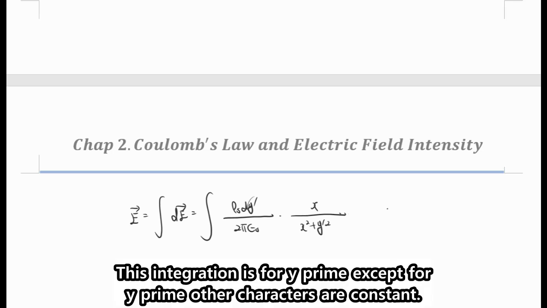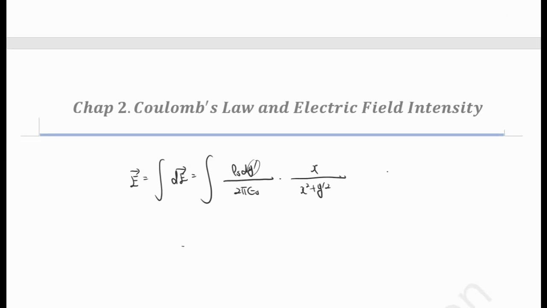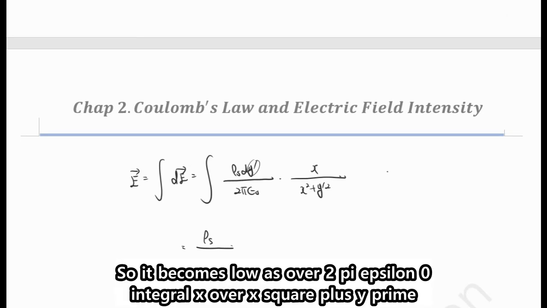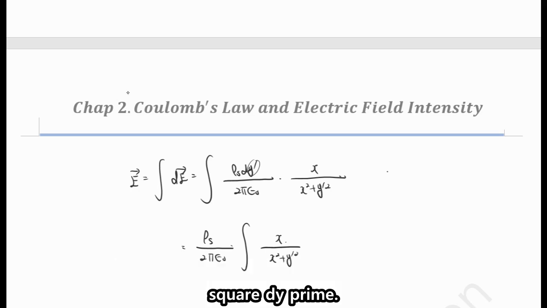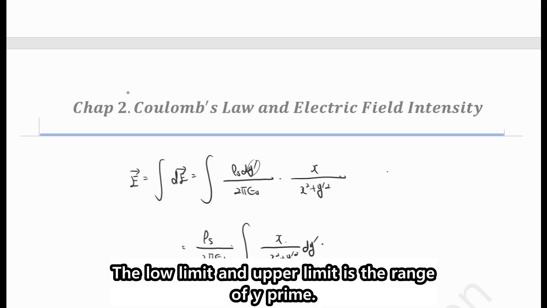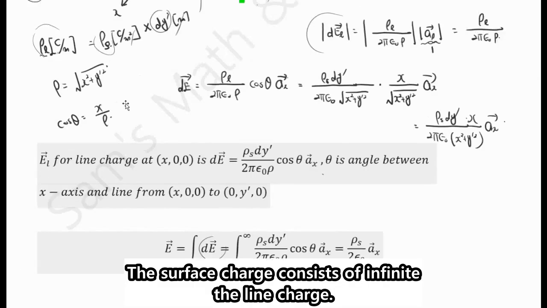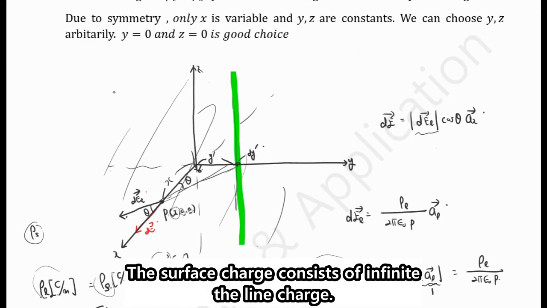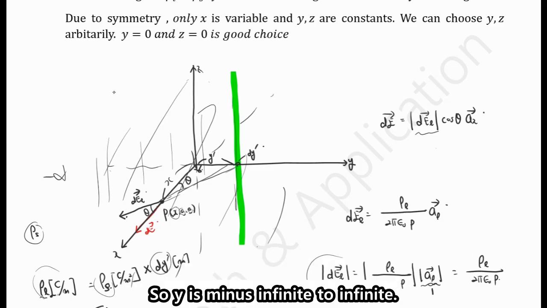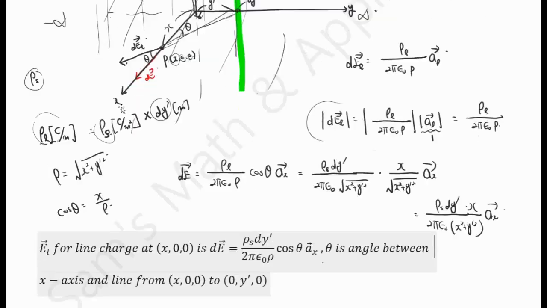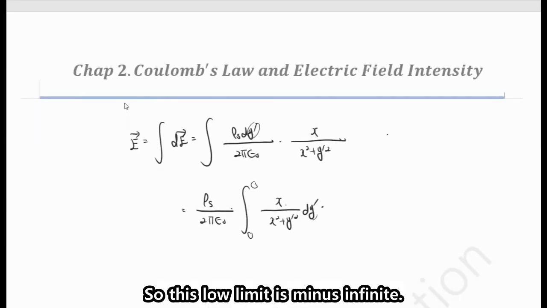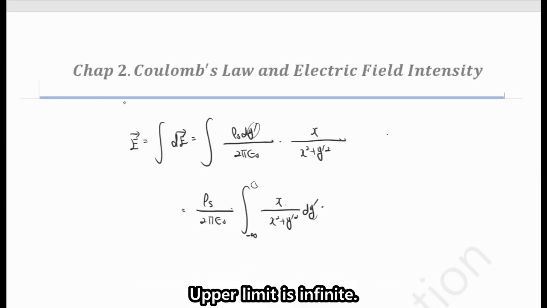This integration is for y'. Except for y', the other quantities are constant, so this becomes rho_S over 2 pi epsilon_0 times the integral of x over x squared plus y' squared dy'. The lower and upper limits are the range of y'. The surface charge consists of infinite line charges, so y' goes from minus infinity to infinity.